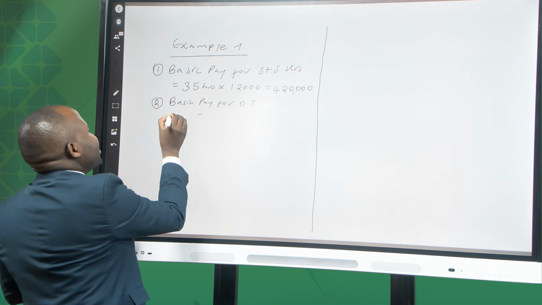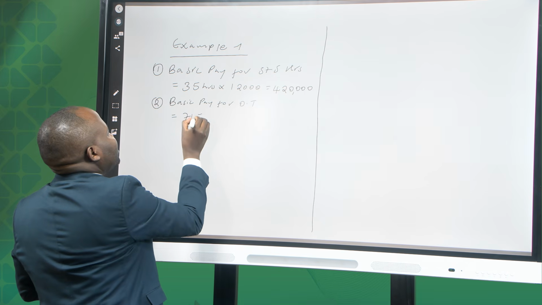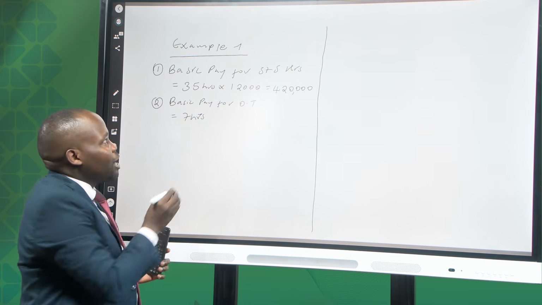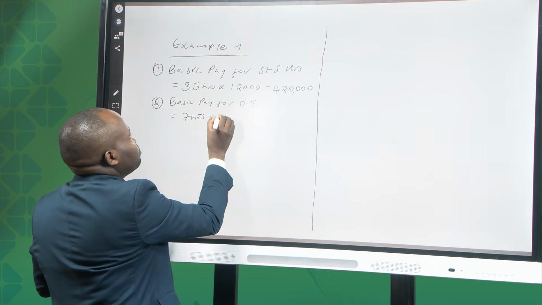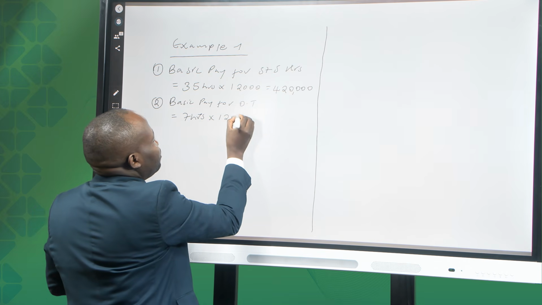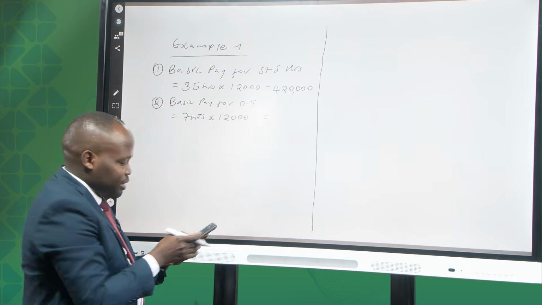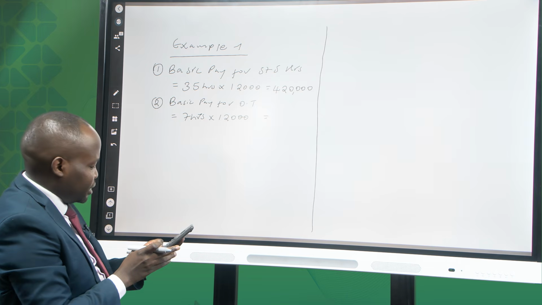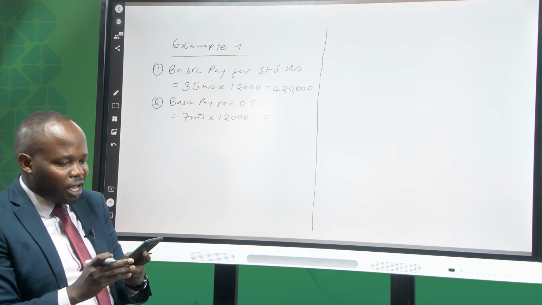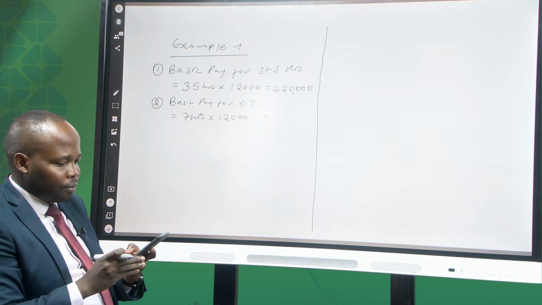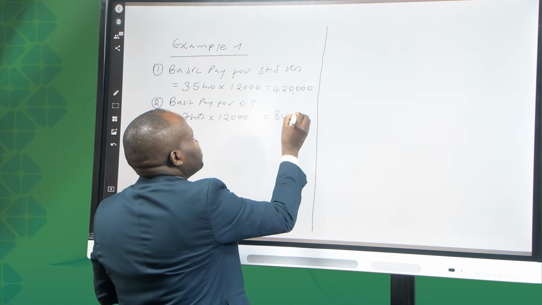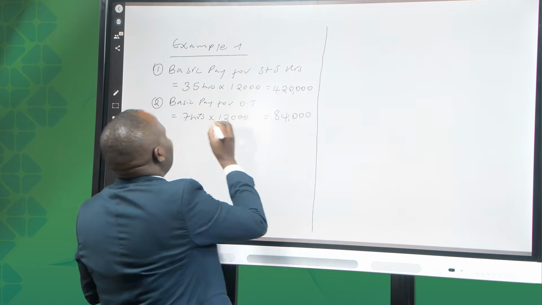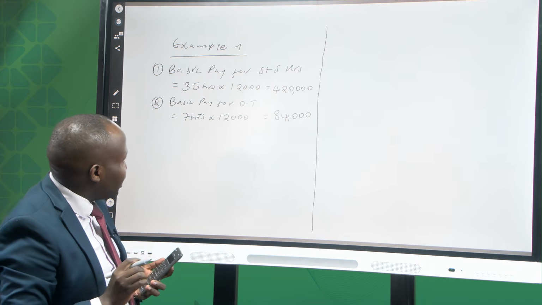So we have 7 hours, the overtime hours, times the basic rate of 12,000. Using our calculators, 7 times 12,000 gives us 84,000. So the basic overtime is 84,000.